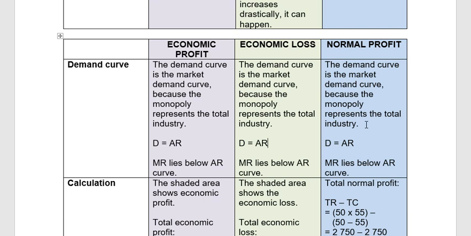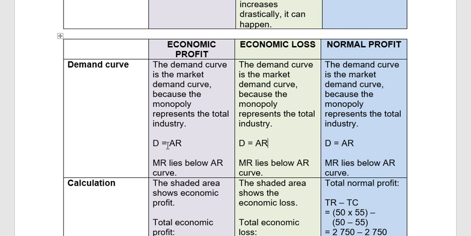In the perfect market it was, but in the monopoly now, because his demand curve has a negative slope, the marginal revenue is no longer equal to the price. We said that for the first unit, unit number 1, the price equals the marginal revenue, but every unit after that, your marginal revenue is less than the price, and this is why your marginal curve lies below your average revenue or your demand curve.